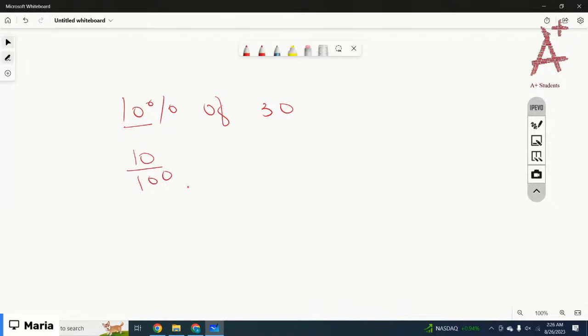So calculating 10% of 30 means you have to calculate 10 out of 100 times 30, right? Just solve: 10 over 100 is 0.1, and 0.1 times 30 is 3. That means 10% of 30 is 3, right?